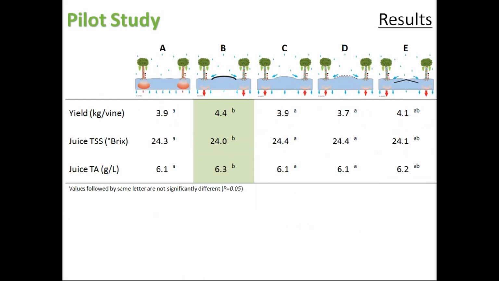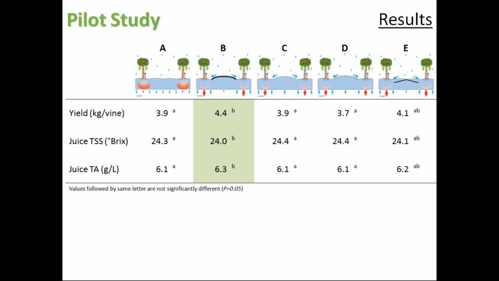In terms of yield, at these heavier soils, it was pretty obvious early in the trial that there was much more water available to the treatment B vines and to a lesser extent the treatment E vines as well. And we can put that down to a reduced evaporation from those mid-row soils, and that translated to a greater availability of water, and we saw much more vigorous vines for treatment B particularly, and that also meant we had much greater yield.